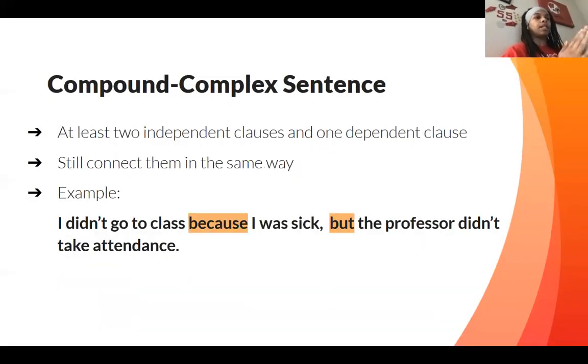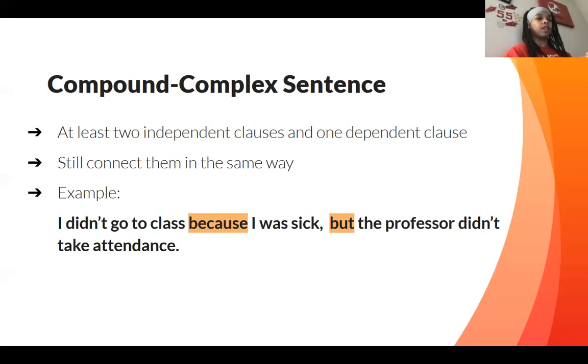The last type of sentence is a compound complex sentence. There are at least two independent clauses and one dependent clause, and they still connect the same way. This would be an example: I didn't go to class because I was sick, but the professor didn't take attendance.